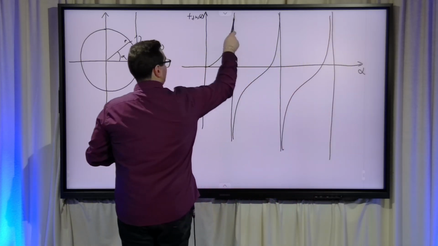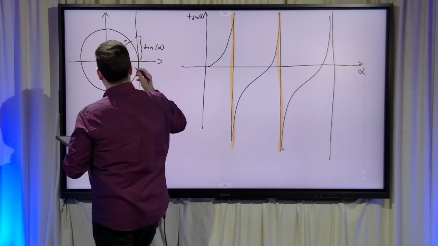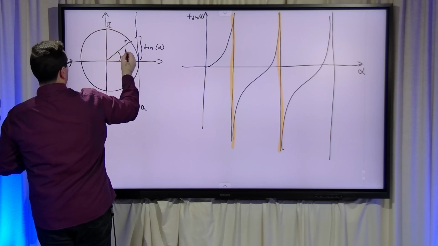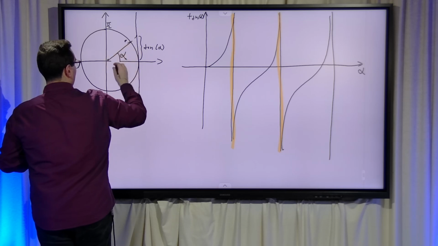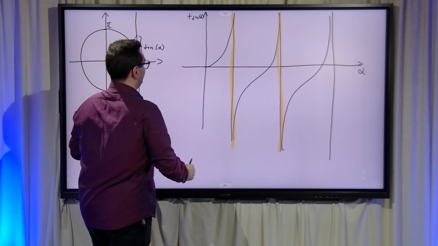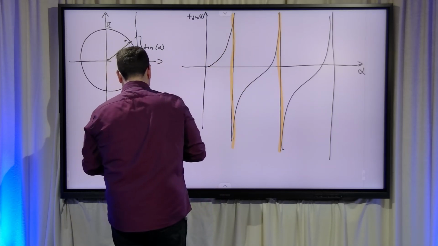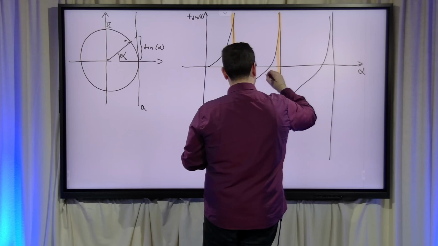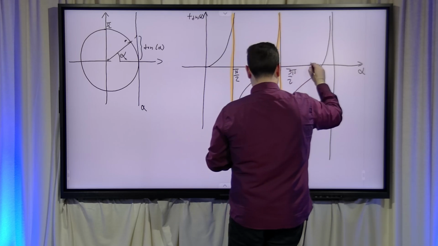Well, we have the asymptotes where the point P is approaching half pi, because if I'm increasing alpha, this segment is going towards infinity. So it's an increasing function right here. So this is an asymptote in half pi. I have here pi, and so on.